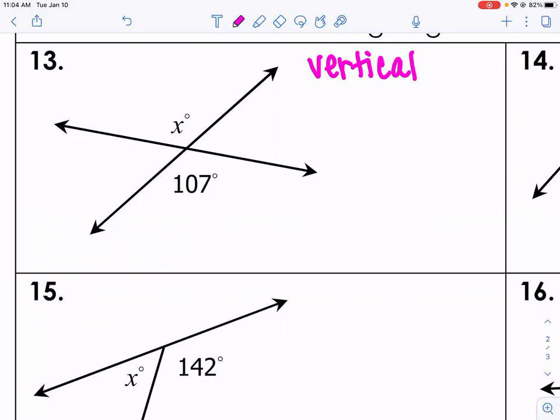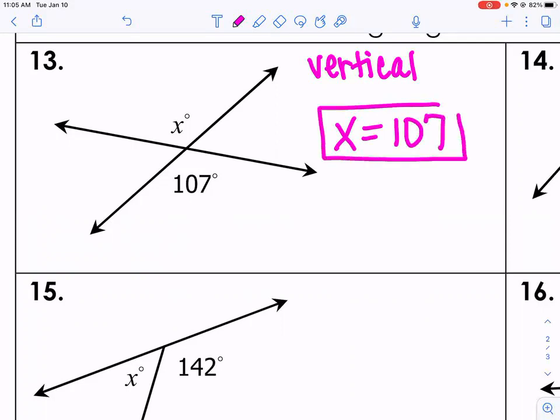Yeah, they're congruent. So if these two angles are congruent, what does X equal? 107. Look at that.